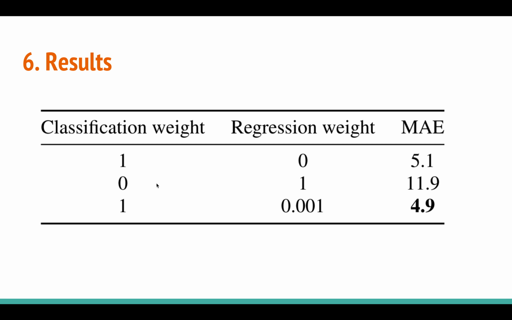But if they set the classification weight to 0 and regression to 1, they get a pretty high mean absolute error. This is error, so lower is better, and this is bigger. You can see that compared to 5.1, there is a huge gap, right? But if I set the classification to 1 and the regression weight to a very small value, you get an improvement, a little bit better than 5.1, which is good, right?